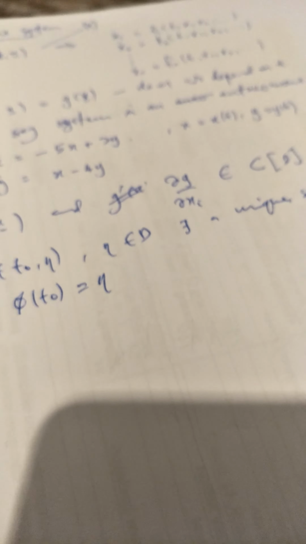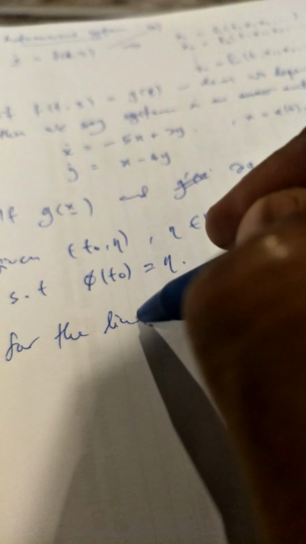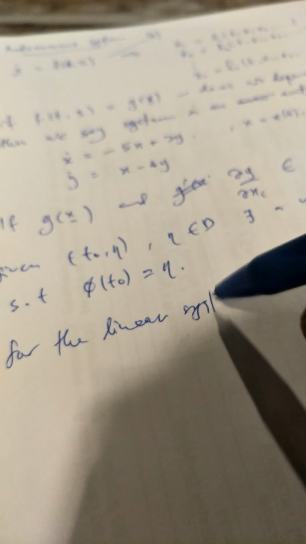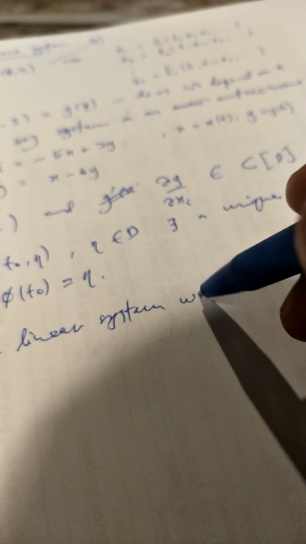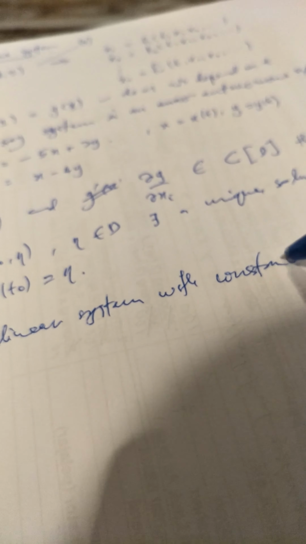Okay, so if we observe the linear system with constant coefficient, we have x dot equal to Ax.